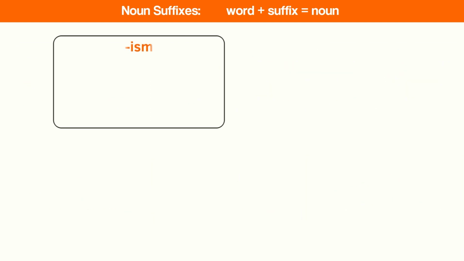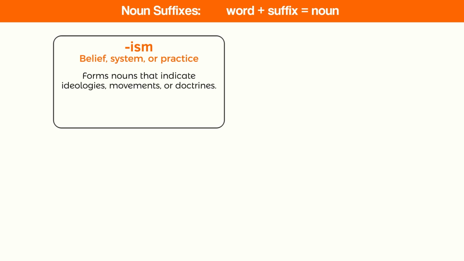The suffix ism, belief, system or practice, forms nouns that indicate ideologies, movements or doctrines. Examples: real, realism, social, socialism.